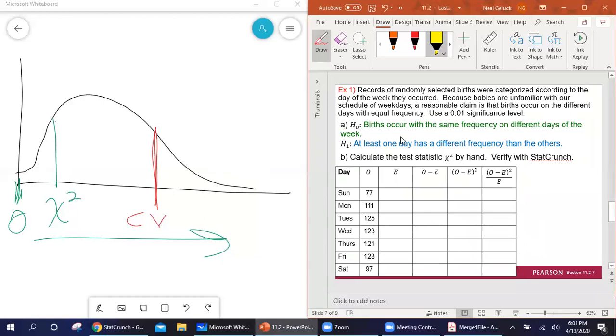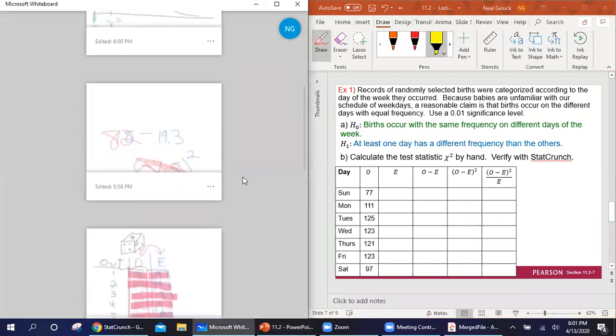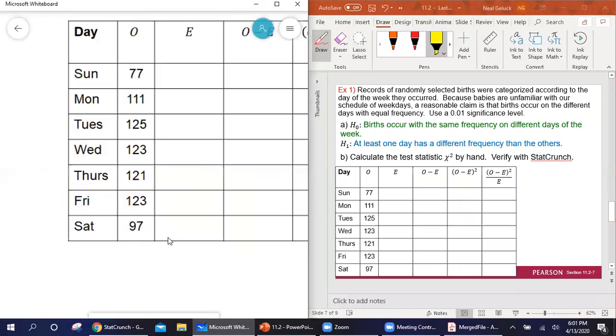So for number 1, we have records of randomly selected births based off of the day of the week they happened.